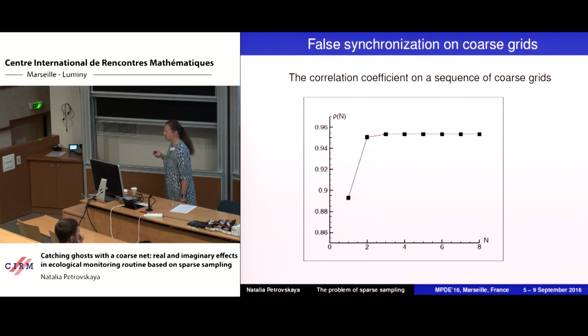So we must obtain the correlation coefficient, which is -1. But on coarse grids, we have something that is very far away from the correct answer, and we call this phenomenon false synchronization.